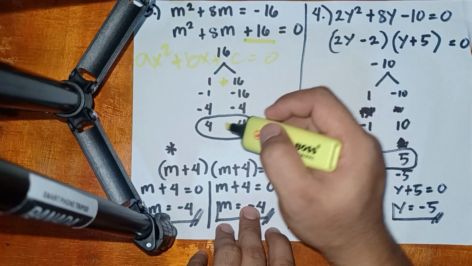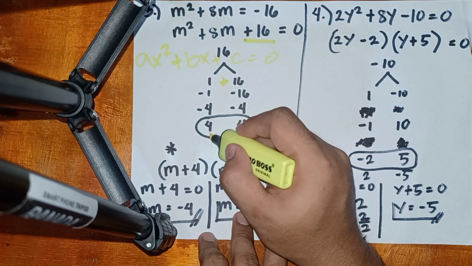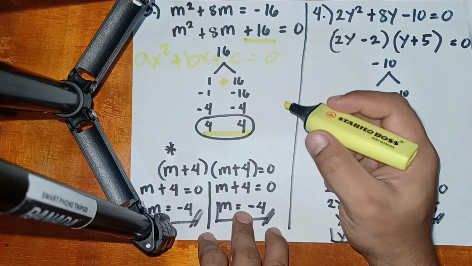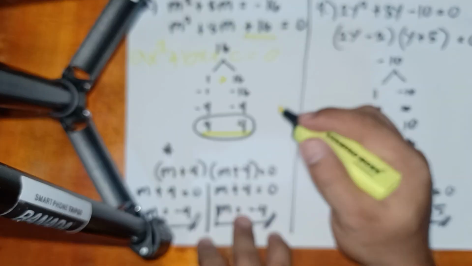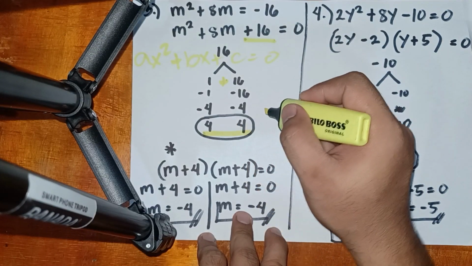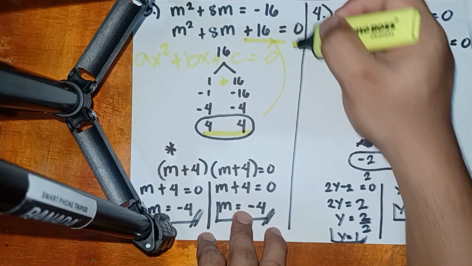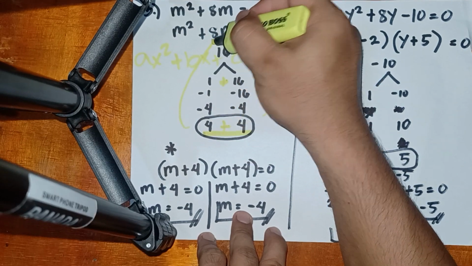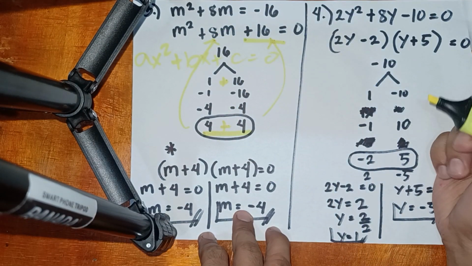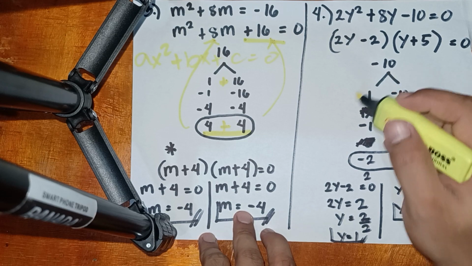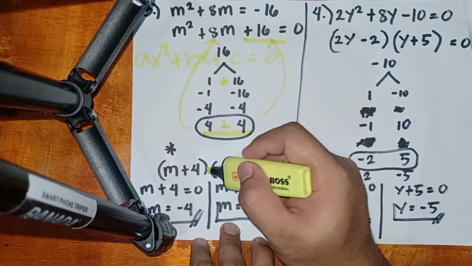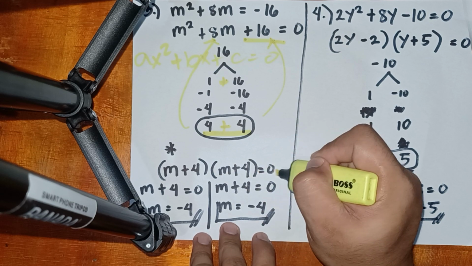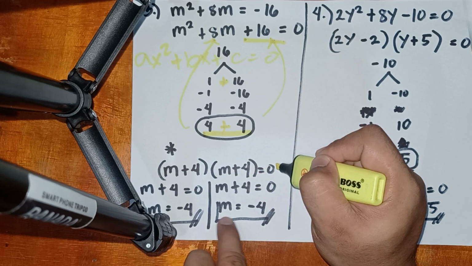So that's not it. The correct factors that we need to use are positive 4 and positive 4. If multiplied, they result to 16, and if added, they result to 8, which is the second term. So that becomes m plus 4 times m plus 4 is equal to 0.